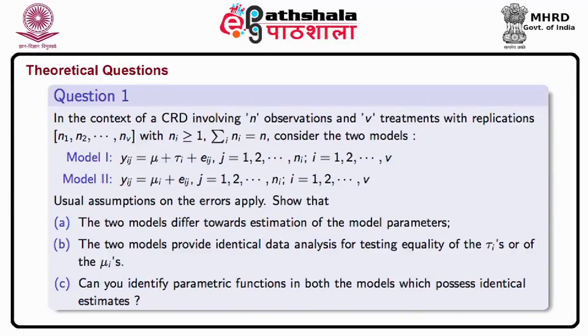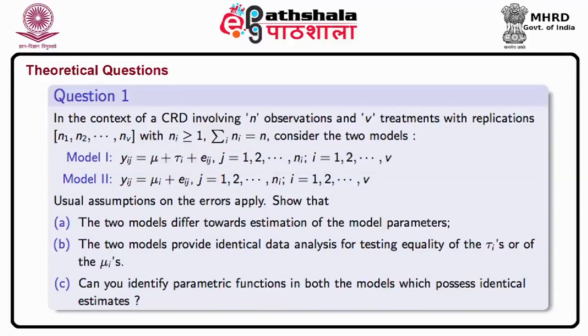Now you are supposed to show that the two models differ towards estimation of the model parameters. The two models provide identical data analysis for testing equality of the tau i's or of the mu i's in the two models respectively. And the third question is, can you identify parametric functions in both the models which possess identical estimates? So note that one model talks about Yij equal to mu plus tau i plus Eij.